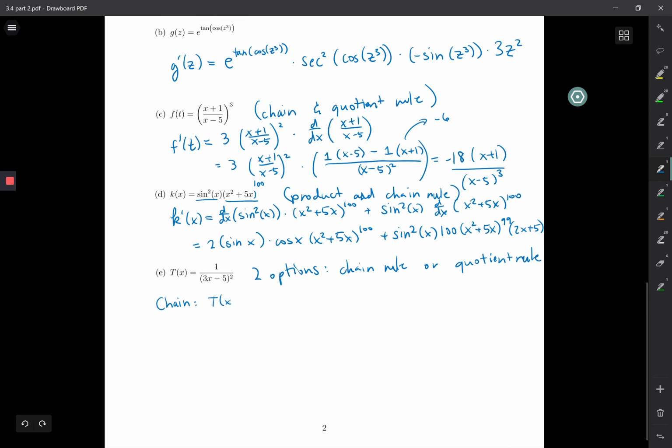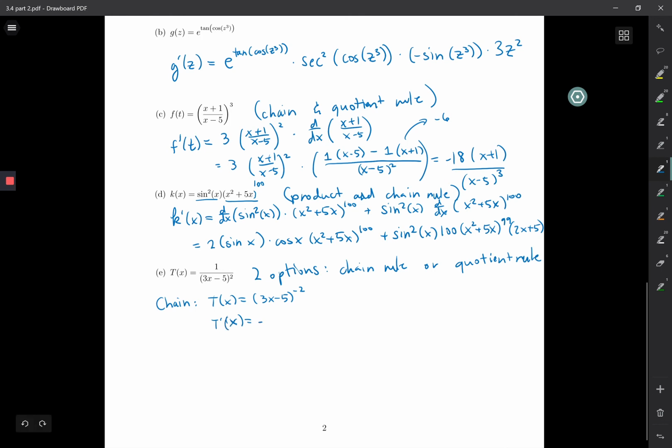I would rewrite this as (3x minus 5) to the negative 2, bringing that up into the numerator by making this a negative exponent. And then you see that your outside function is this x to the negative 2, and the inside function is the 3x minus 5. So the derivative of this would be the derivative of the outside function.